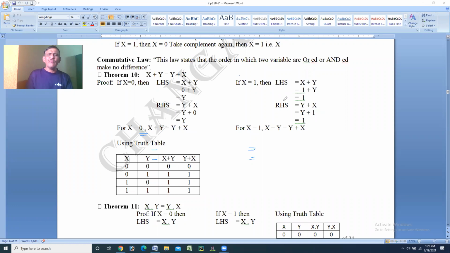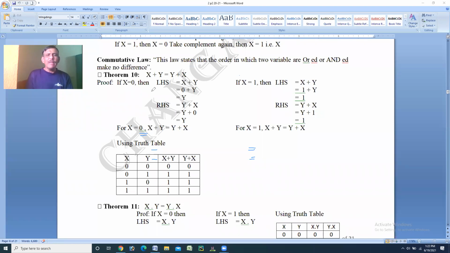Even this theorem we are going to prove with the help of a truth table. Now you can check out the theorem, x plus y equal to y plus x. Here, how many variables? The number of variables is 2. If the number of variables is 2, then substitute in the general form 2 power n, where n equal to 2.